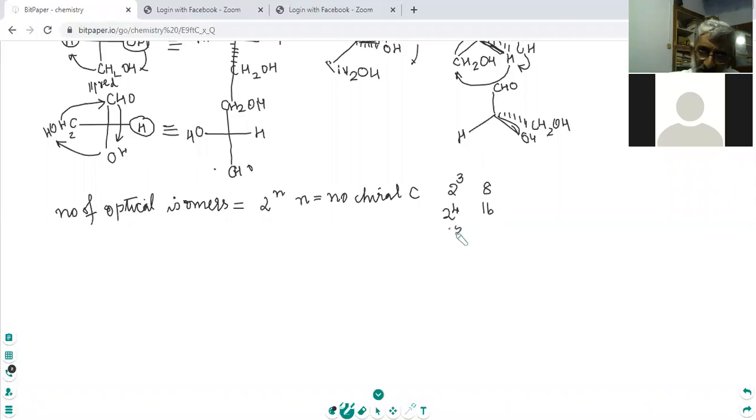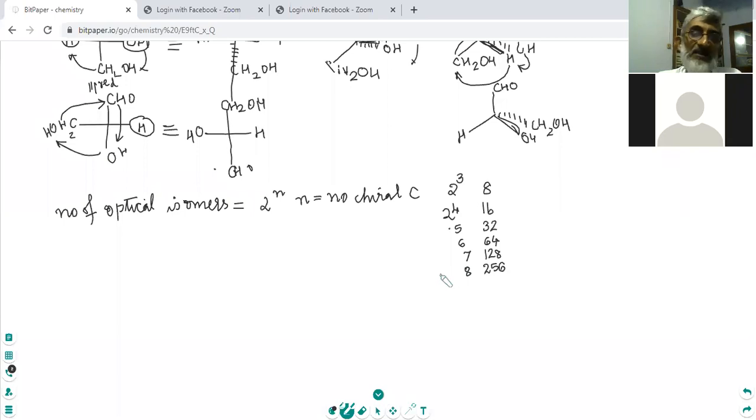5, 32. 6, 64. 7, 128. And 8, 256 isomers.